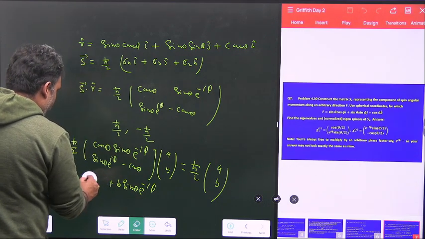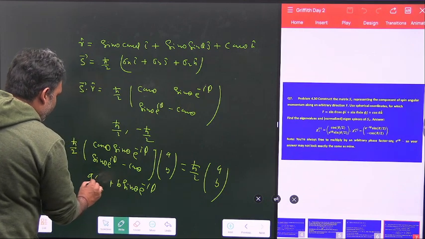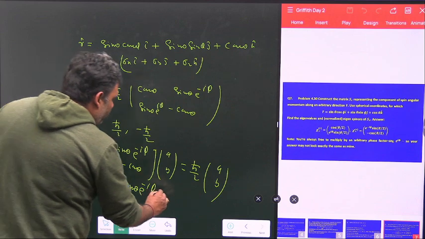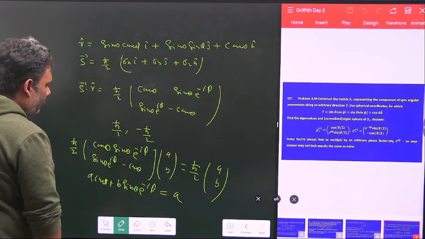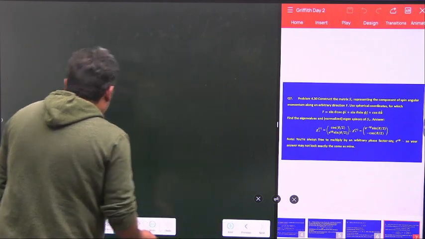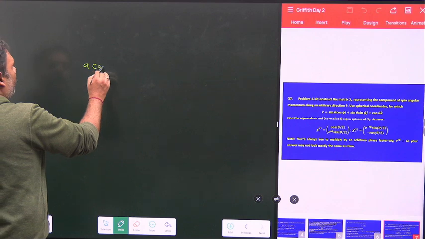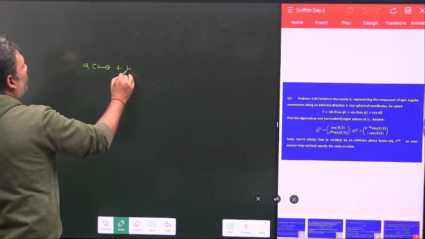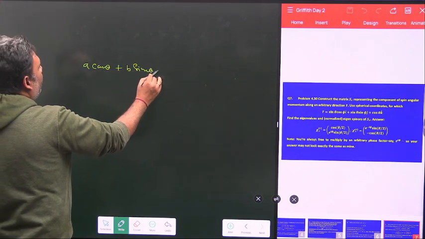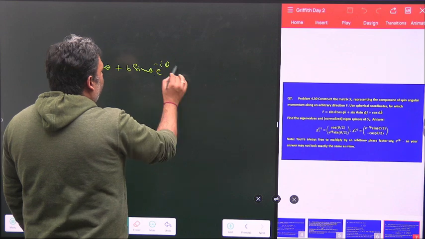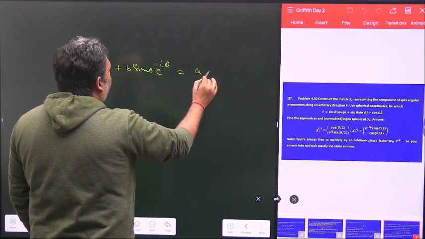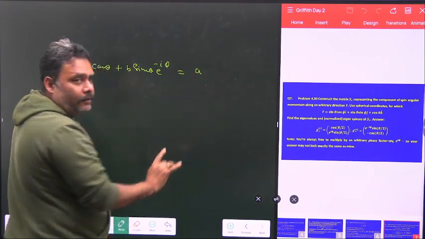So we will go for a cos theta. a cos theta must be equal to what? a को उधर लेकर के चले जाओ. So you have basically a cos theta plus b sin theta e to the power minus i phi is equal to a, बस यही है, only a.